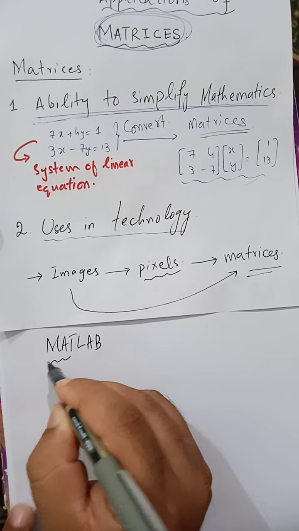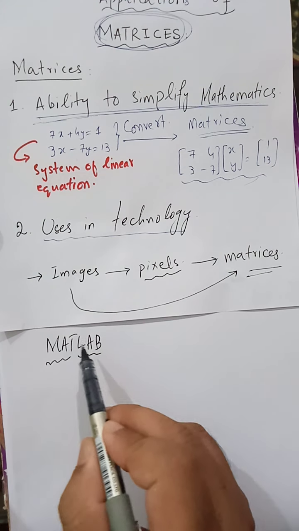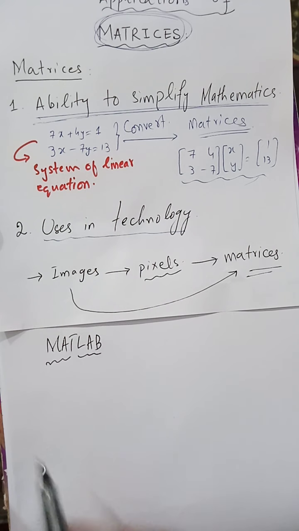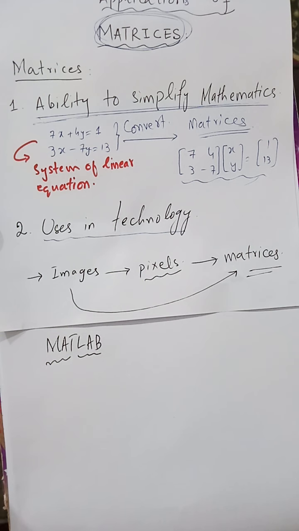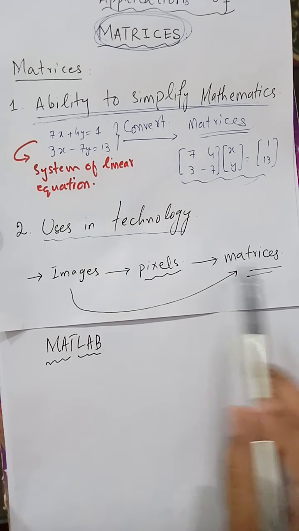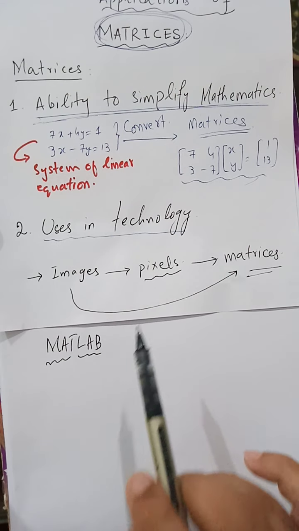This "mat" is taken from matrix and "lab" is from laboratory. So matrix laboratory, this is a mathematical software with the help of which we convert every image into matrices and matrices into images. So this is one of the uses of matrices in technology.